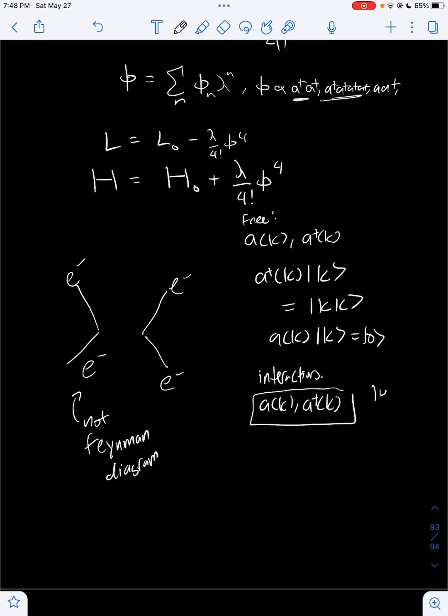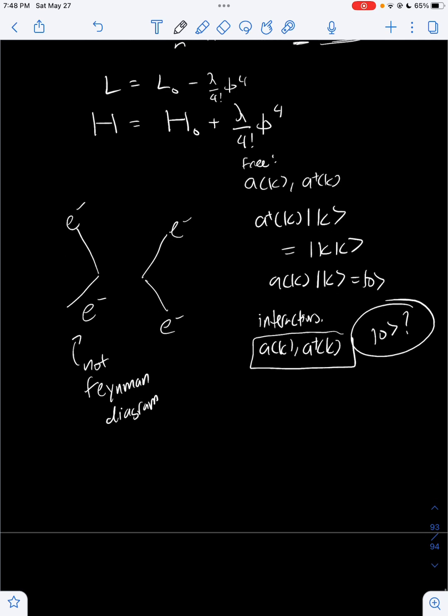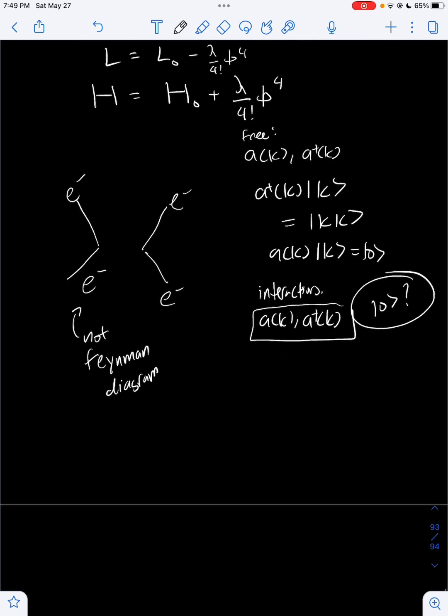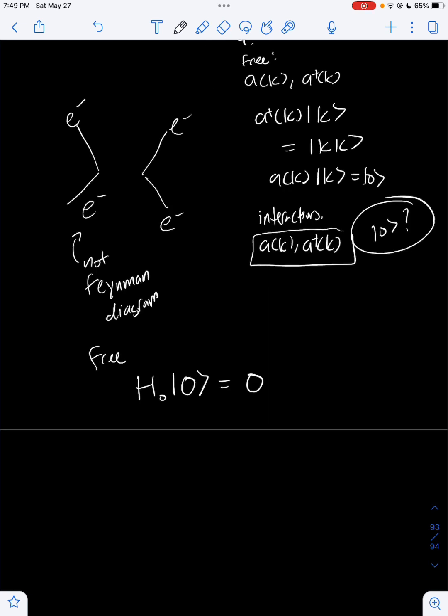The vacuum state? Well, then what is the vacuum state when we have interactions? Because recall that for the free case, the vacuum state acted on by the free Hamiltonian would give us 0. Technically you could get infinity, but if you just ignore the infinity term, we get 0.